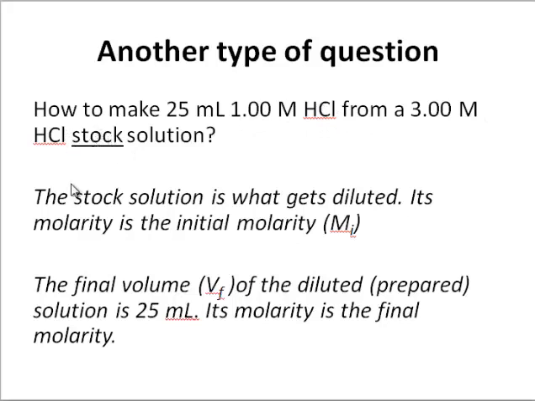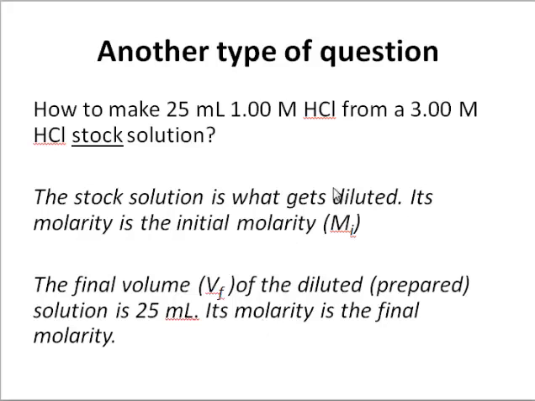Now, a common situation in laboratories is that a stock solution is what gets diluted to make a solution that you'll use in your actual lab. Its molarity is the initial molarity. The final volume of the prepared solution is 25 milliliters. Its molarity is the final molarity.